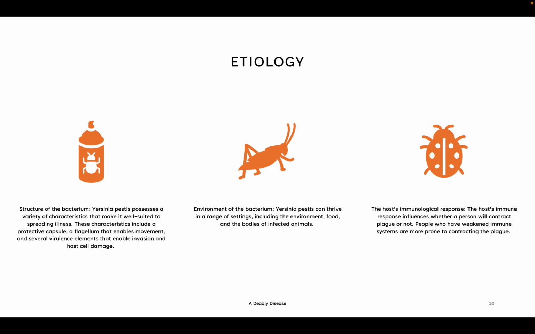The issue is once it does infect the host, it can attack the immunological responses, or at least evade them as well. And that's why it's such a big deal, because it can really cause some issues with your immune system.